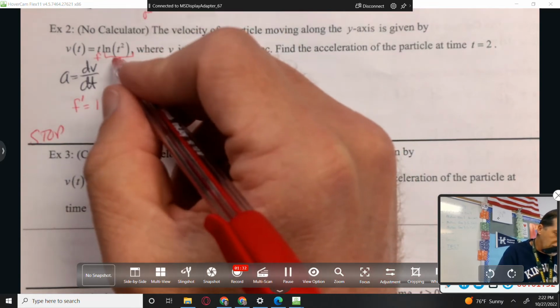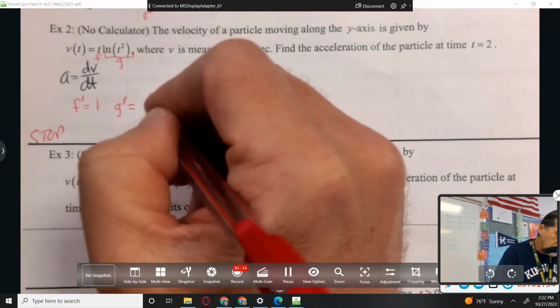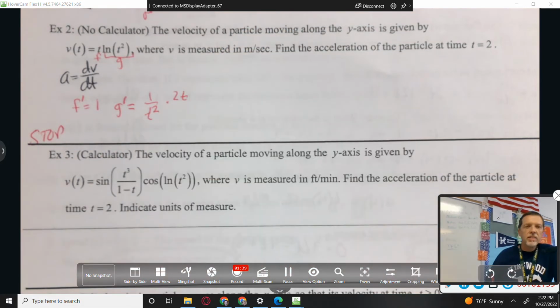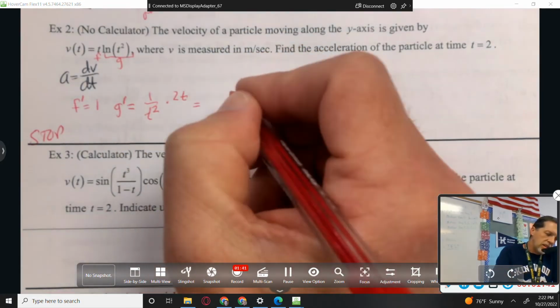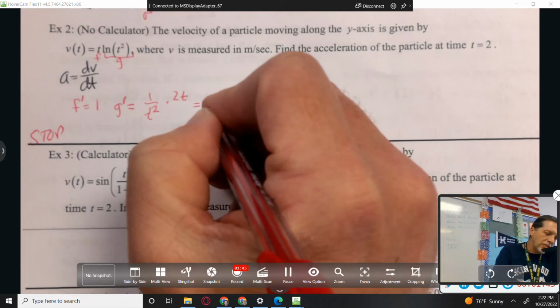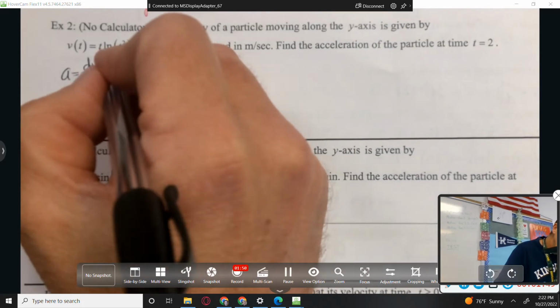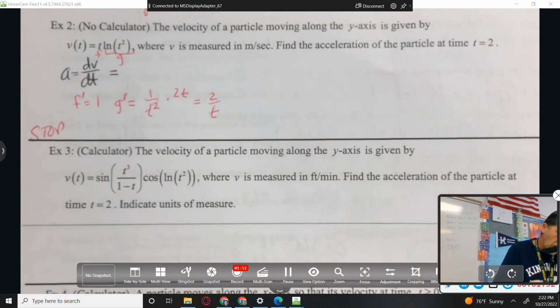Okay, derivative of natural log is 1 over the argument times the derivative of the argument, which actually turns out to be not too bad for this problem, 2 over t. So as ugly as it looked, it wasn't nearly as bad as we thought.